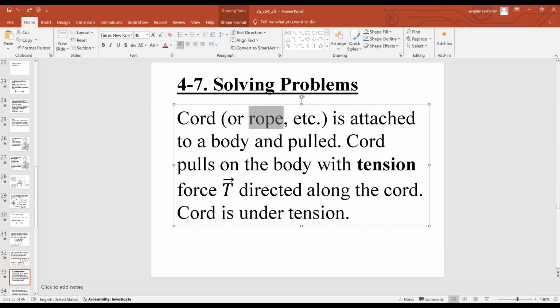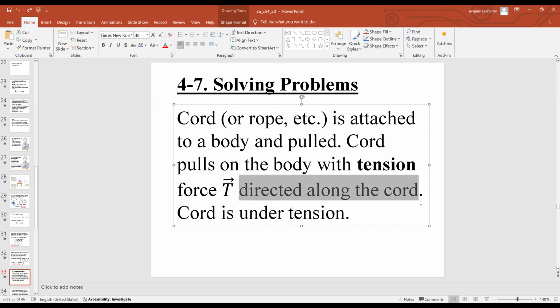Every time you hear the word cord, rope, or cable, you have to say, oh, there's got to be tension in that cable or the cord. And the direction for that tension force is always along the cord. No exception. Later on, we'll discuss hinges, and for hinges, everything is possible.